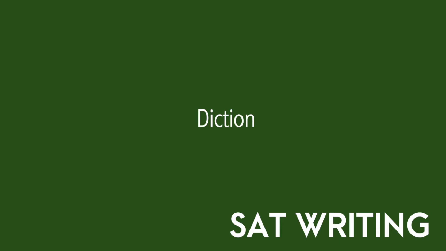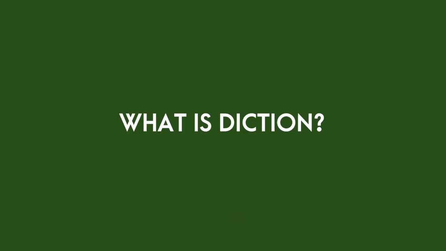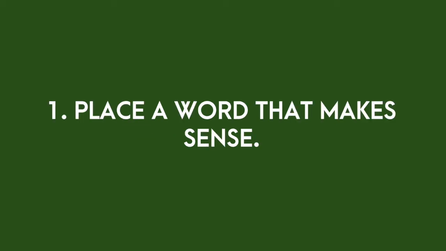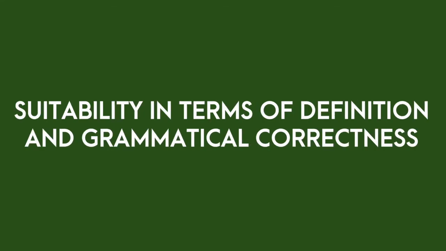Today we are looking at diction, right? So what is diction? It is how you use a word, and using a word appropriately, right? There are two ways essentially the SAT tests whether you understand what diction is. The first is whether you can place a word that makes sense, and by this I mean suitability in terms of definition.